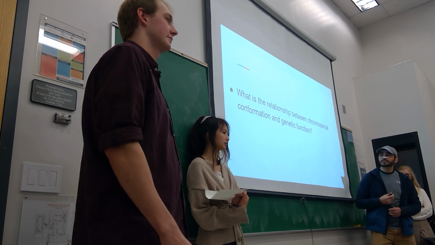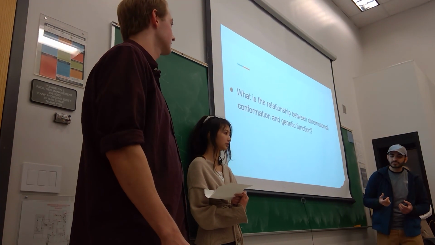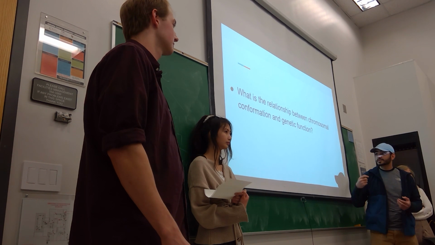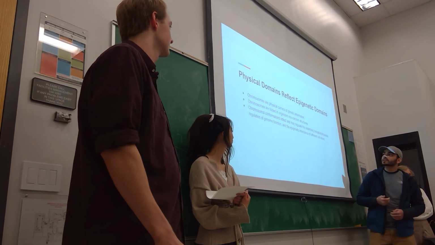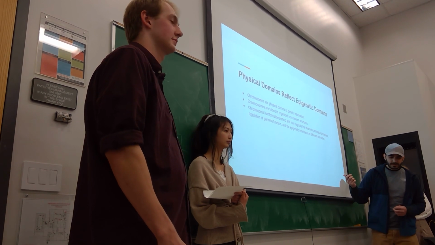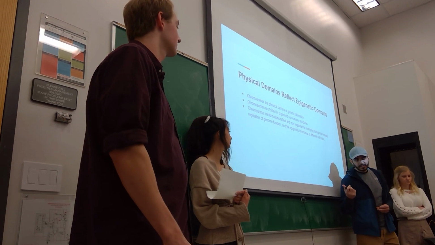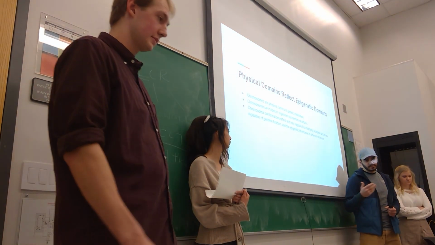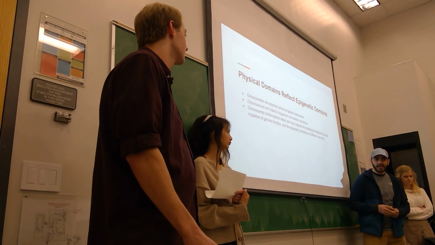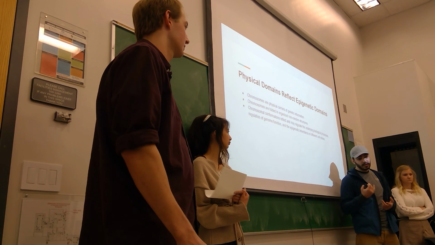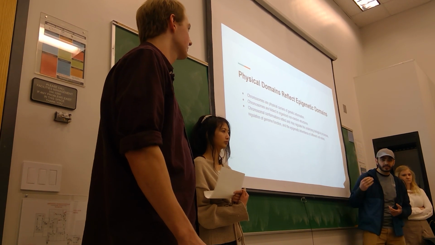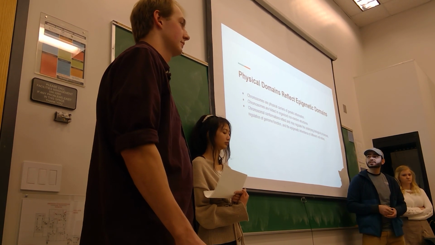So one of the important questions the paper was asking is what is the relationship between the chromosome conformation and the genetic function? Genes are similar to proteins. The sequence of the bases is as important as the conformation. Both the sequence and the conformation play a very important role in determining the function of the gene.